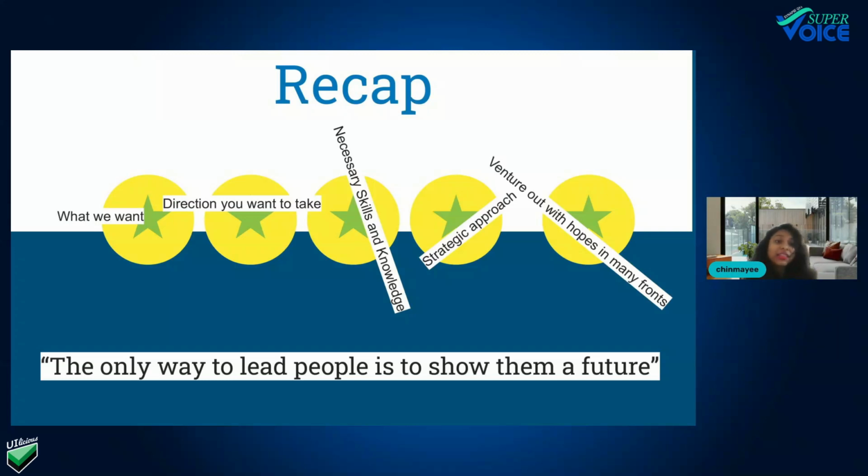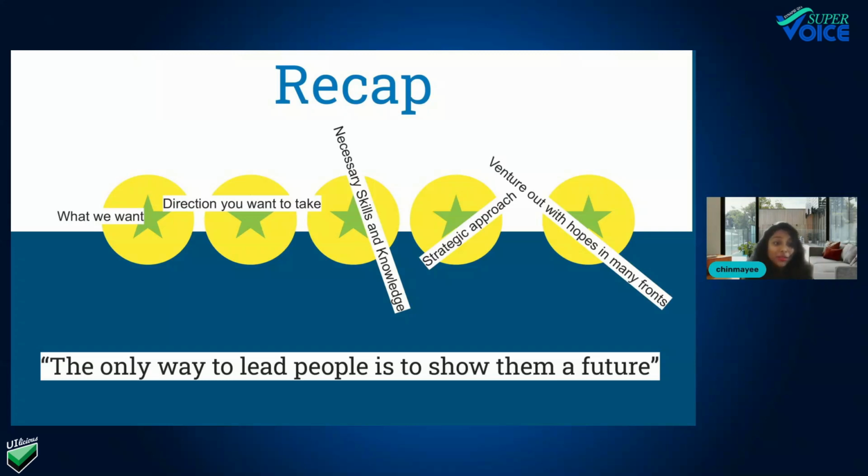And finally, and the most important one, is to venture out with hope on many fronts. It is the most important one because when we follow any strategy, we leap in with the hope that it would be generating the results. No one knows what is going to happen in the future, and there may be obstacles and business challenges, but we have to deal with it with hope. That is where I can say that a leader is a dealer in hope. The only way to lead people is to show them the future.